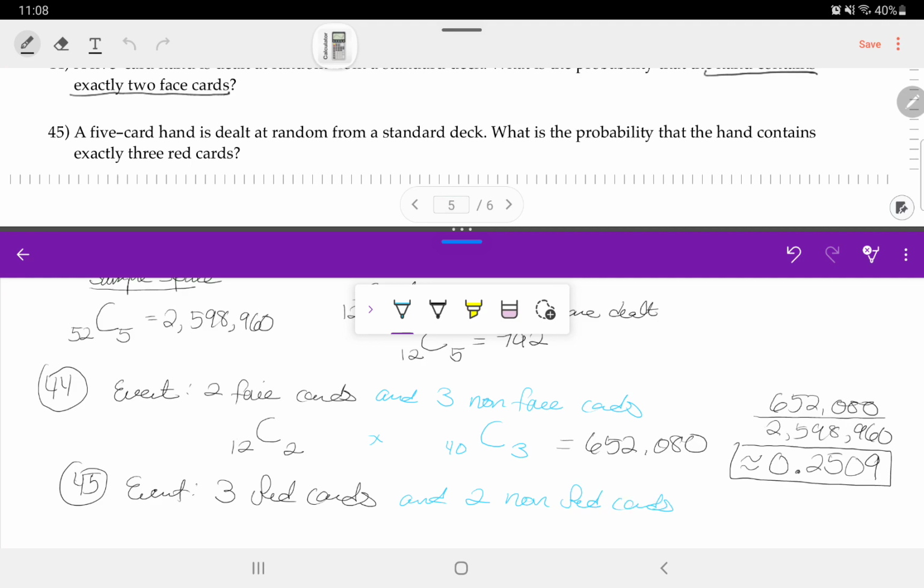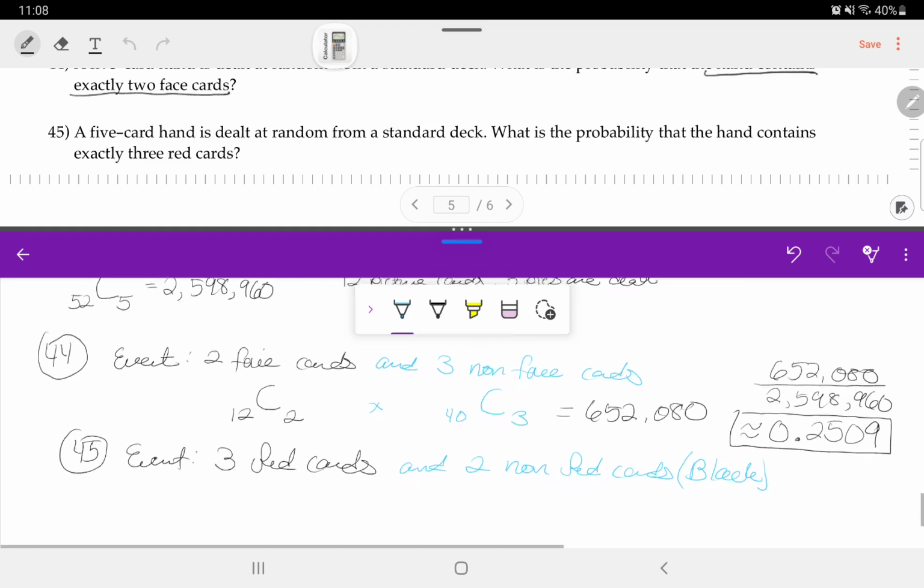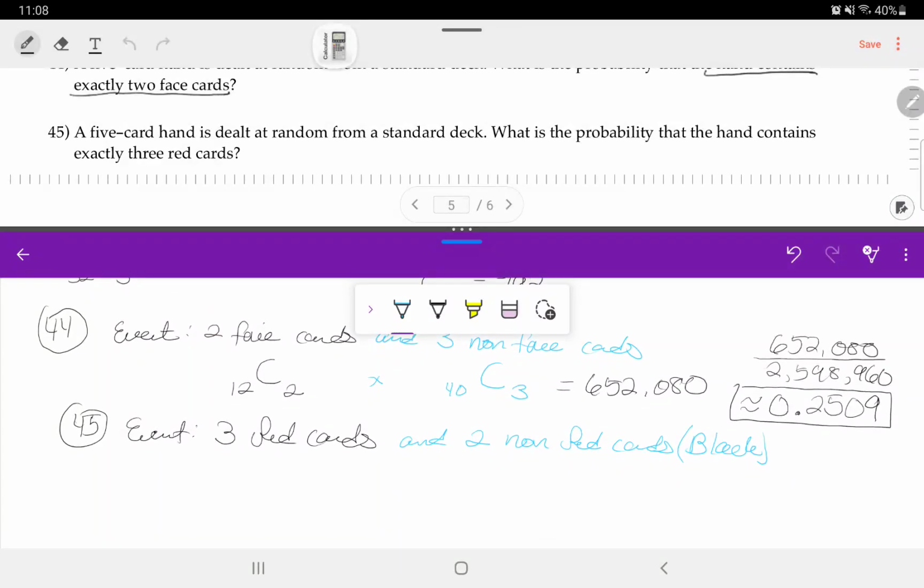And if the cards are not red, they are black. There are 2 colors in my deck, red and black. If I'm choosing 3 red cards and I'm having 5 being dealt to me, 2 of the cards must not be red, which means the cards must be black.